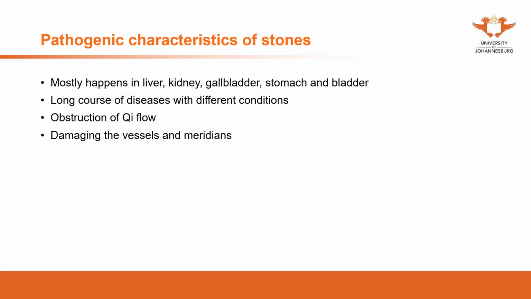The most common in clinic are the gallbladder stone and the bladder stone. Gallbladder stone patients can experience no symptoms. They can also have pain in the upper abdomen. Some severe patients may have jaundice.